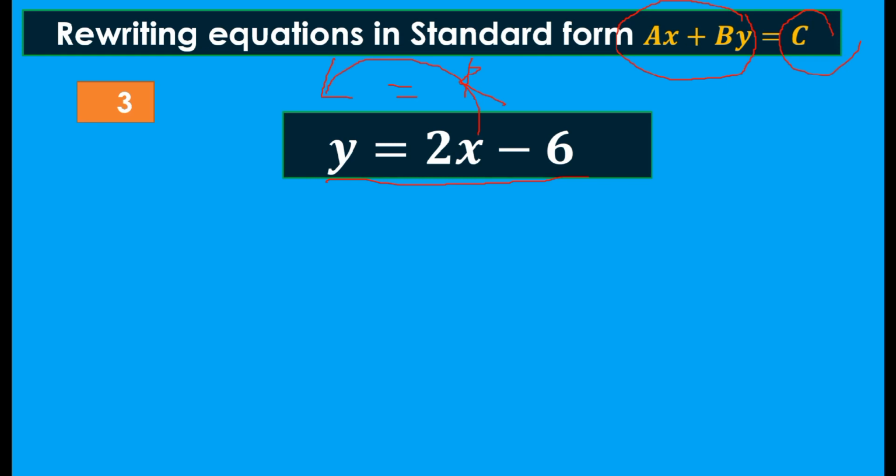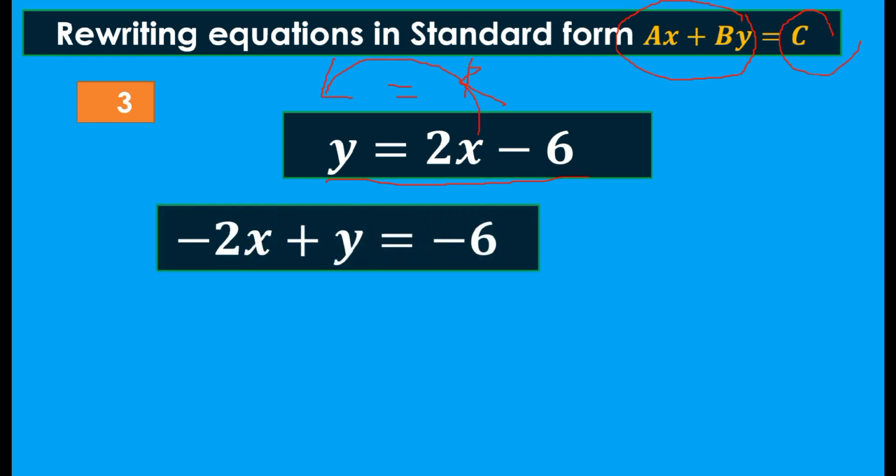So what would happen? Okay, so in transferring or in transposing the position, we need to change the sign. So from positive, it would become negative, because you transferred it to the other side. So it would become now negative 2x plus y, we just copied your y because your y is already on the left part. Equals negative 6.